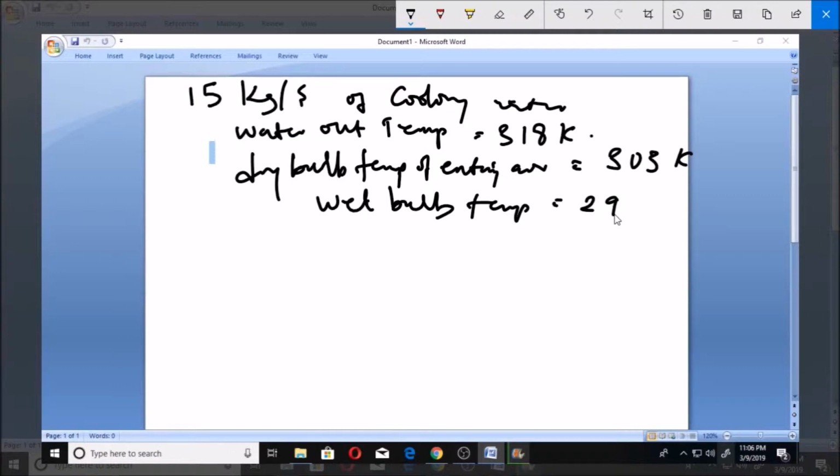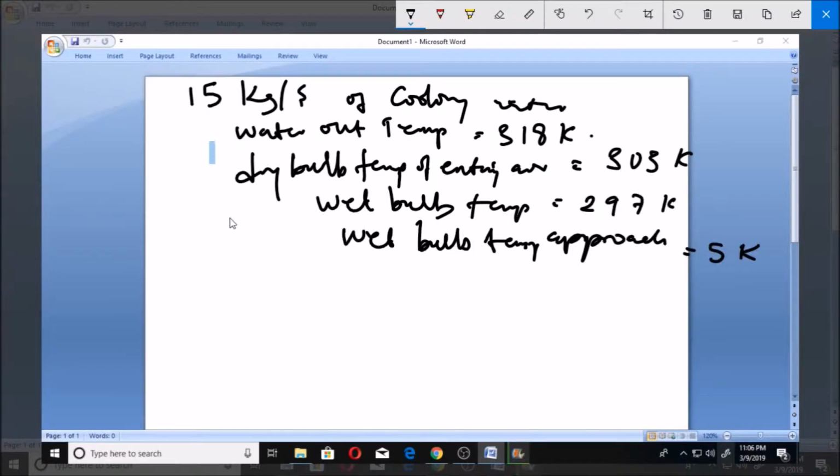The wet bulb temperature approach must be 5 Kelvin. Now the air rate to be used is 1.5 times the minimum.